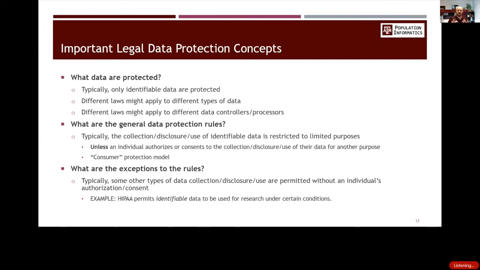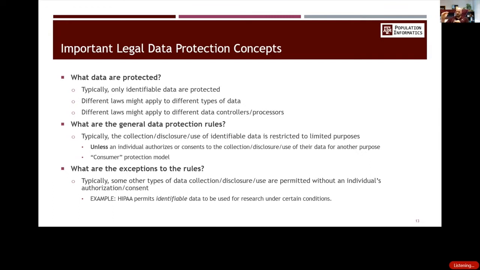Unless, and this is important, an individual authorizes or consents to a collection, disclosure, or use of their data for another purpose. And in this way, laws are putting the control in the hands of the data subject or the consumer. We often consider this a consumer protection model, that the consumer has the power to basically allow their data to be used for any purpose as long as they give their magic authorization or consent.